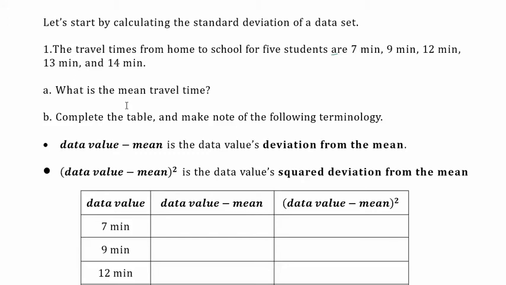The first thing you need to find when you're calculating the standard deviation is the mean. So let's figure out the mean travel time. I think we should know how to do that, right? We add up our values and then divide by the number of values in our data set, which in this case is 5.